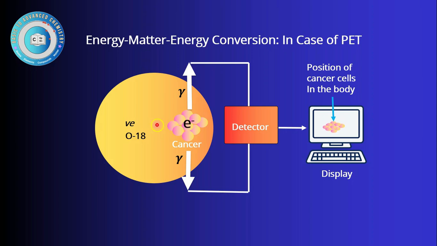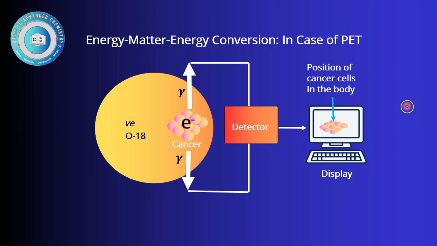Then this energy is detected by the detectors around the patient. Then the information recorded by the detectors is displayed by this computer. So from this we can get information on the place where cancer cells are found in the human body.